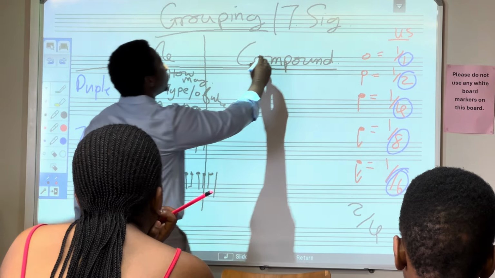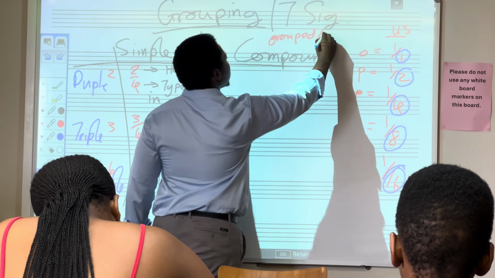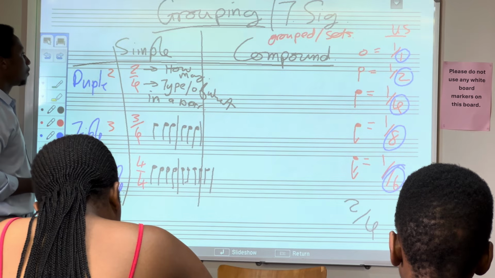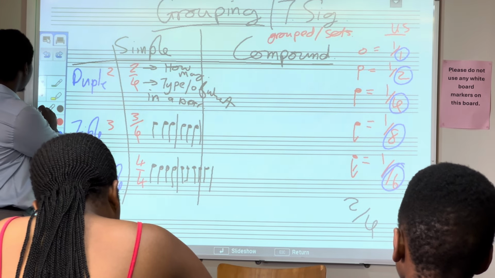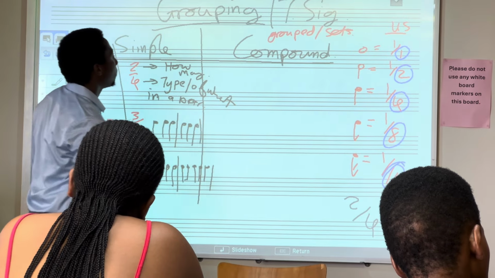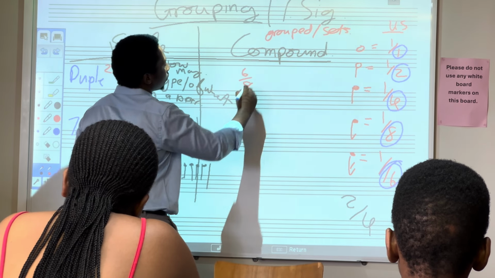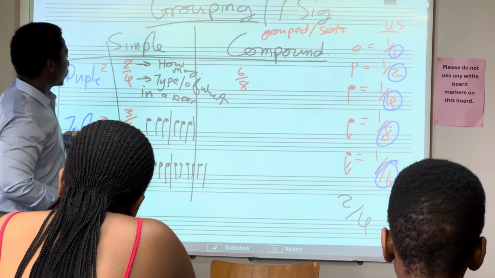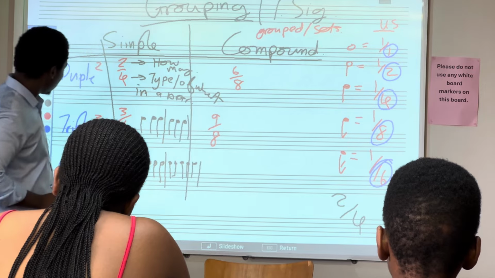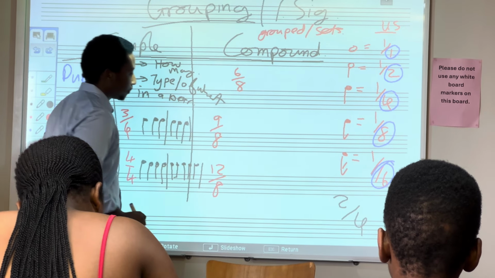Compound means it's grouped. It's grouped in sets, or it's in sets. Now, the time signatures that exist for the compound duple, you have 6/8, you have 9/8, and you have 12/8 time.